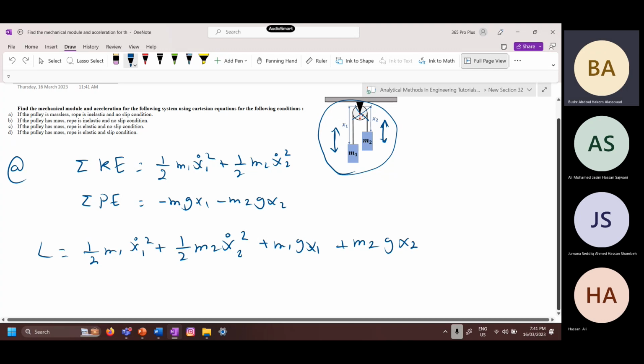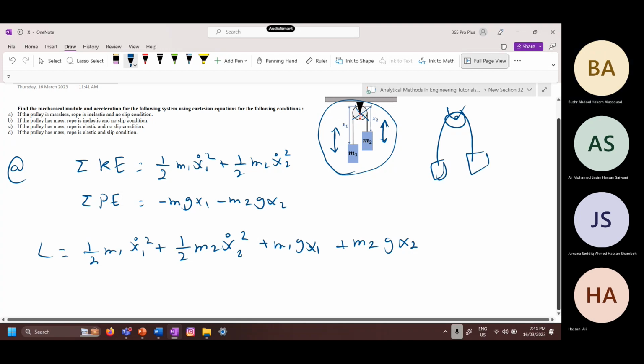So we're going to use something new. There's this rope that goes over this pulley, and there are the masses here. These are x1 and x2. x1 is this side of the rope, and x2 is this side of the rope.